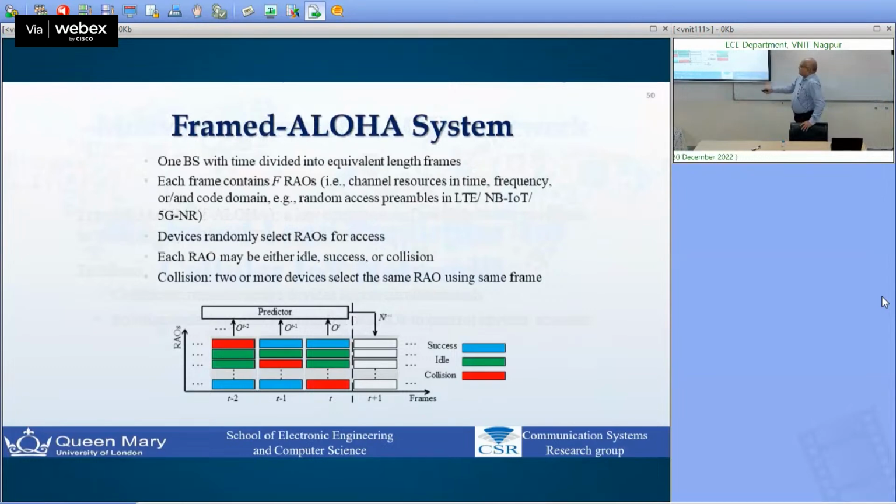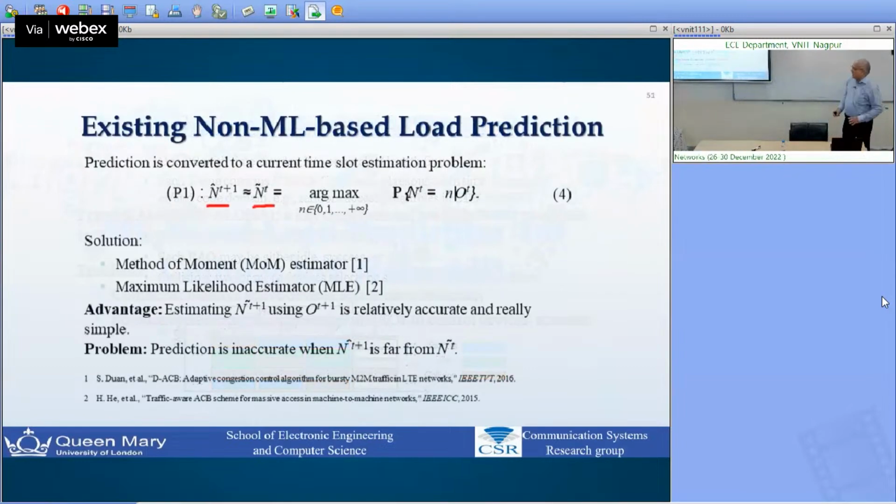So up to time t, we have the observation. From this observation, we are going to predict the load n, that is, how many users will be there in the next time slot. The normal conventional method for load prediction is load estimation.